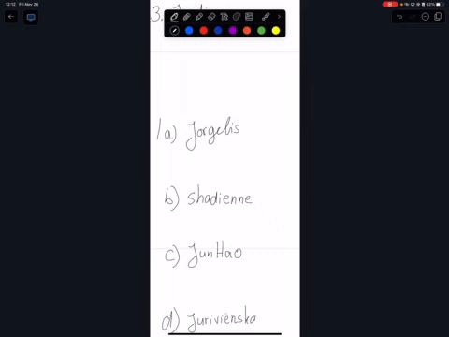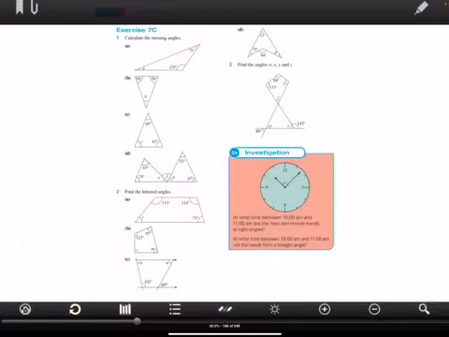Make everything. Let me search in the homework in the meanwhile.